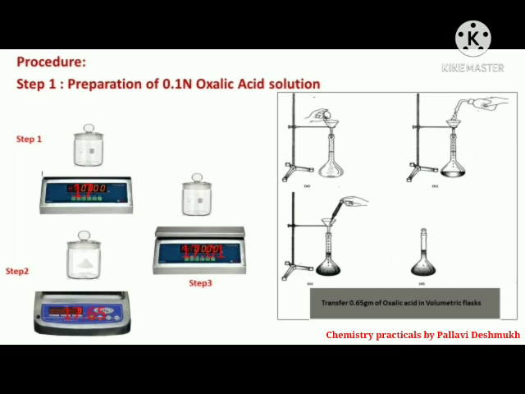Now, transfer the substance from the weighing bottle to the 100 ml volumetric flask with the help of the funnel and note down the weight of the weighing bottle after transferring the compound. Now dissolve the oxalic acid in the minimum quantity of water and make up the volume up to the mark. Now this is the standard oxalic acid solution. This whole process is represented in the presented slide.